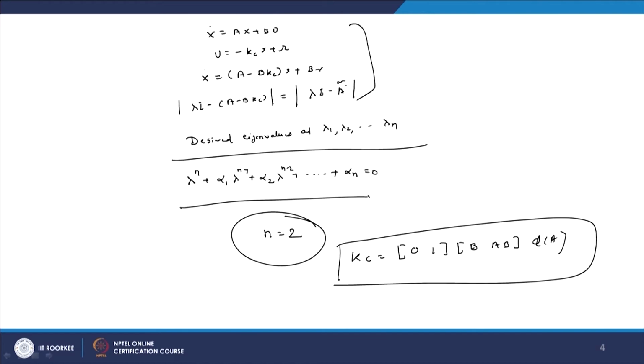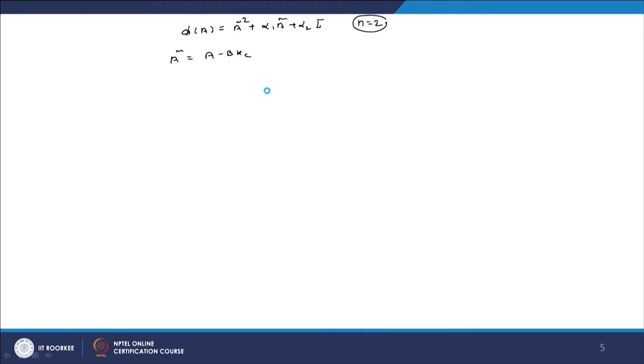Now this A bar is nothing but A minus B into Kc, but in the equation we require A bar square. So we can write down this A bar square equal to A minus B into Kc whole square. Now there is need to solve these equations. So we can write this as A minus B into Kc multiplied by A minus B into Kc.